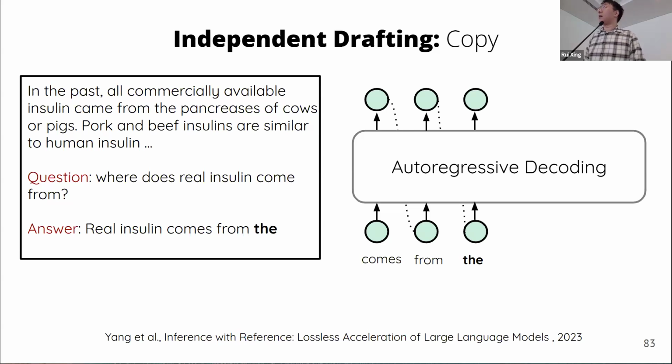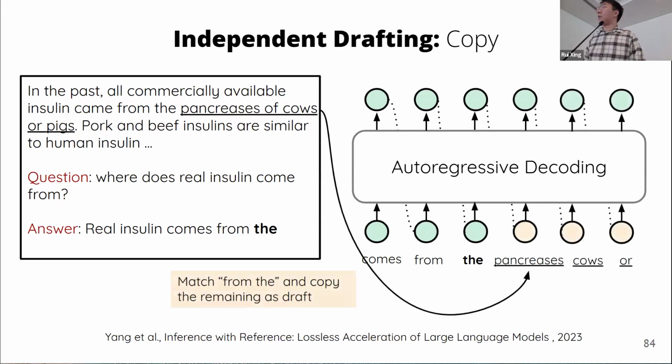After this, we can see "comes from the" has matched part of the input, the prefix, and we can directly copy the follow-up tokens from the input. This is "pancreases of cows or pigs". Because it matches the prefix "from the", we can directly copy the remaining as draft.